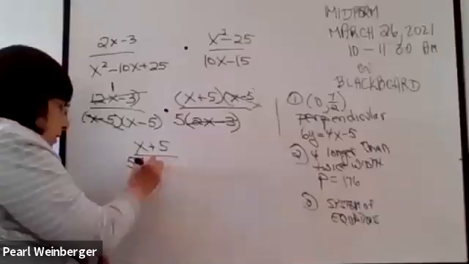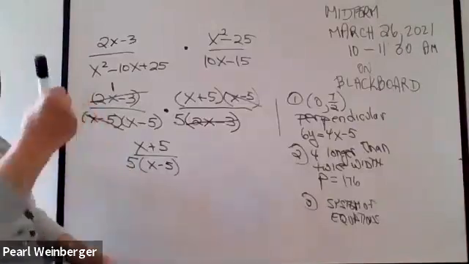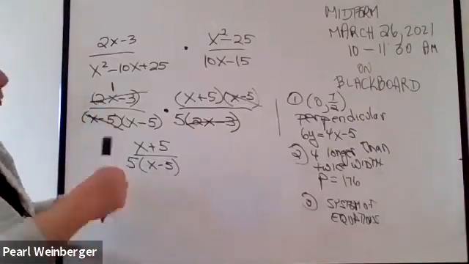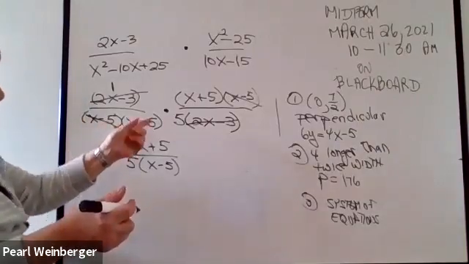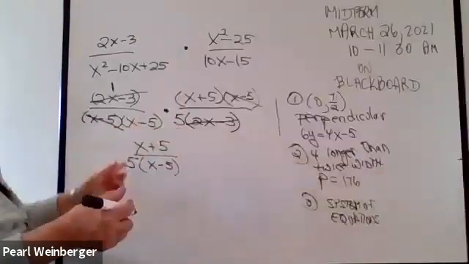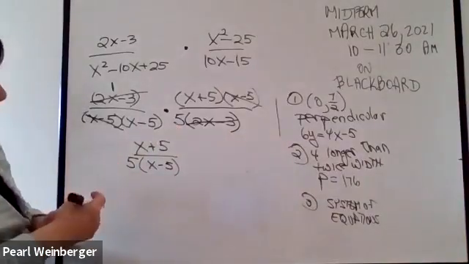And then I got 5 on the bottom, a 5 and an x minus 5 in parentheses. And I want to put that 5 first, because we usually put the single number first before we put the binomial. It wouldn't be wrong to write the x minus 5 and then the 5, but this is the more common way of writing it.